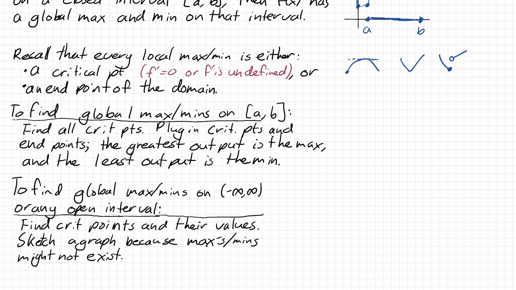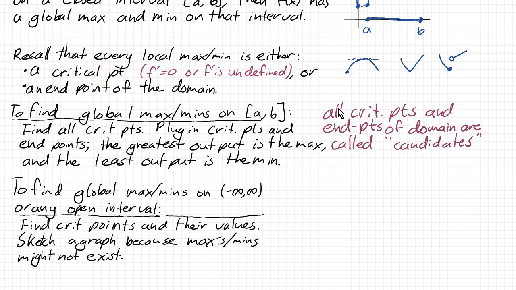So this gives you a way of finding them. If your domain is a closed interval, then this theorem applies, and it's certainly going to have a minimum and a maximum. And that minimum and that maximum must either be a critical point or an endpoint of the domain. All of these things are what we call candidates.